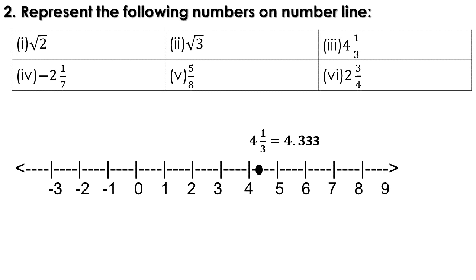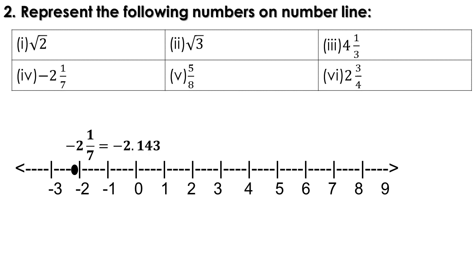4 and a third equals 4.333. It will be a little more than 4, but less than 5 on the number line. Minus 2 and a seventh equals minus 2 minus 1/7, approximately equals minus 2.143.